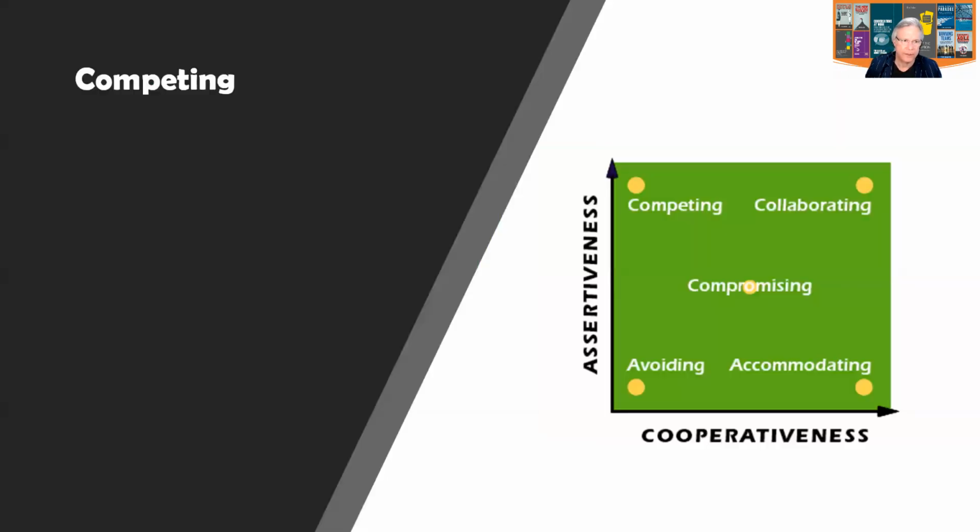Now what I'd like to do is actually look at some circumstances where you could use all five. And of course, I'll refer to working remotely as we go through this as well. So when would you use competing, which of course is low on cooperativeness, but high on assertion?